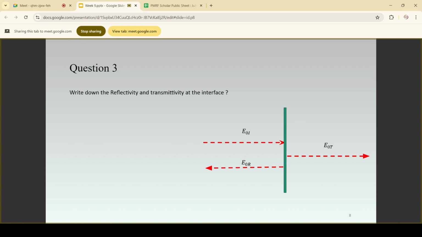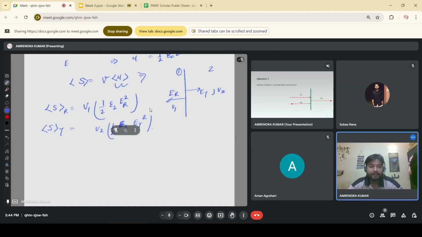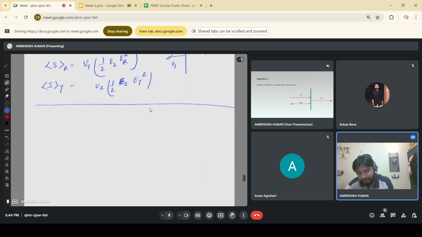Okay, so now continuing from the previous one, we can write down question number three: we have to find out the transmittivity and the reflectivity. Transmittivity means how much is being transmitted and reflectivity is how much is being reflected at the interface. With respect to what?